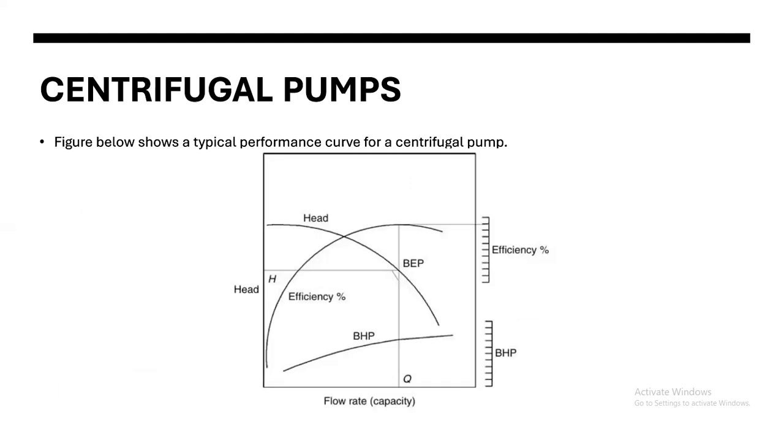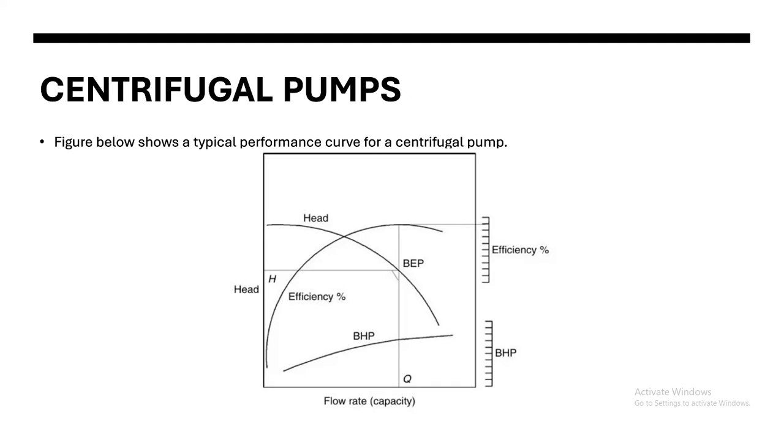The figure below shows a typical performance curve for a centrifugal pump. As I mentioned earlier, you see your head is plotted against your flow rate. Also, your efficiency against your flow rate, same as your BHP against flow rate. So this is at 100%. It cannot operate at 100%. So the best efficiency point will occur at 90%, which is here.